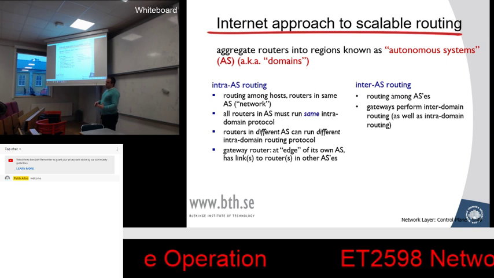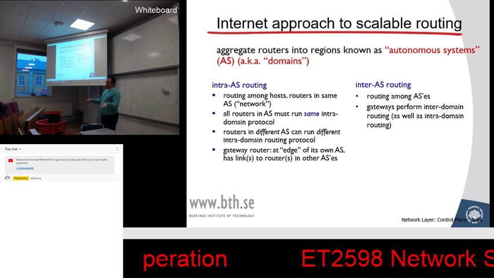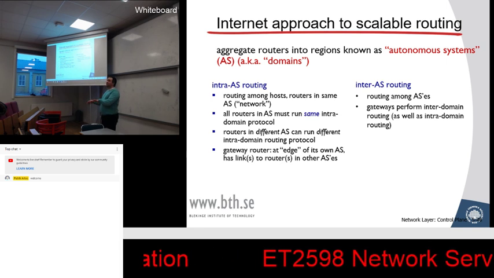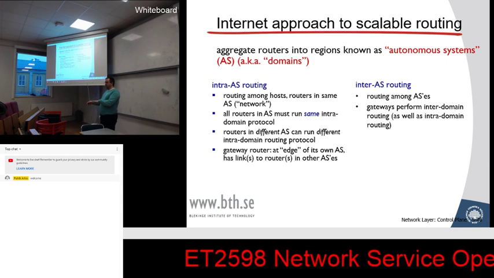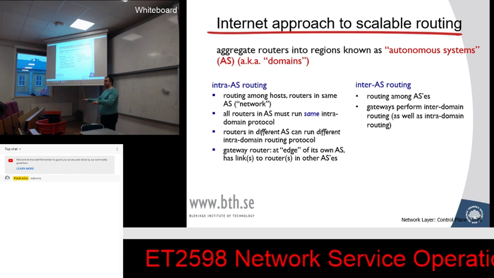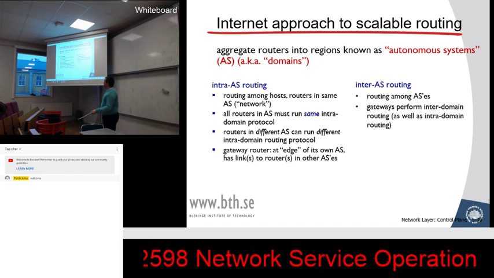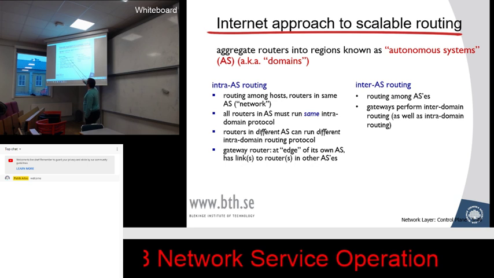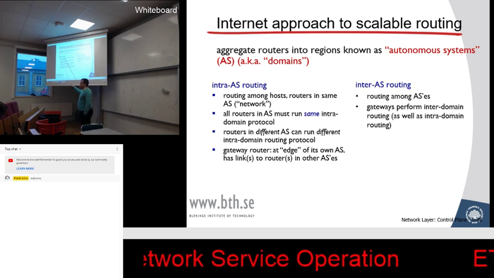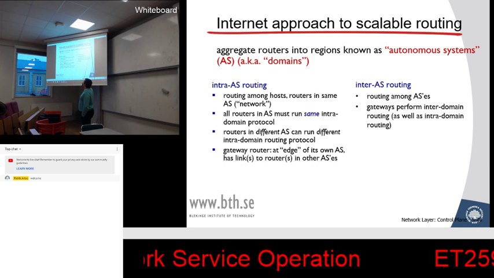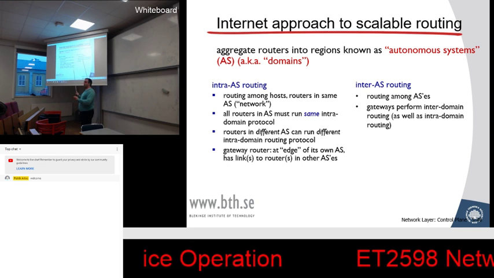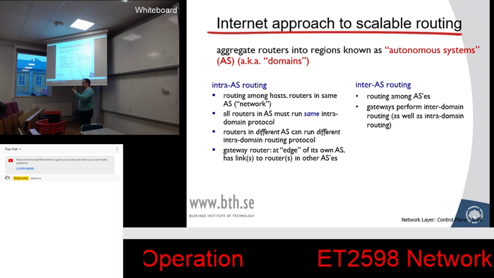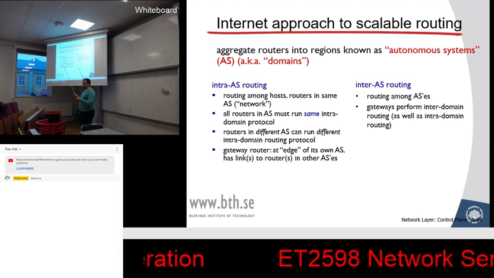So for that reason, the routing protocols are divided into two different types of protocols. The intra-AS routing protocols, and AS stands for autonomous systems. Domains could be one word, but in internet language, it's autonomous systems.